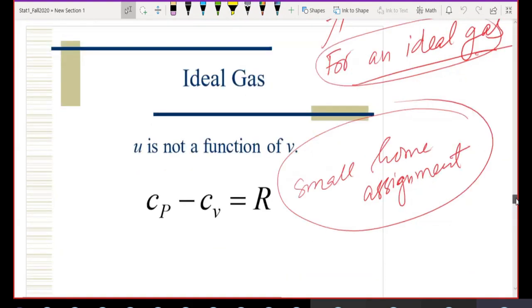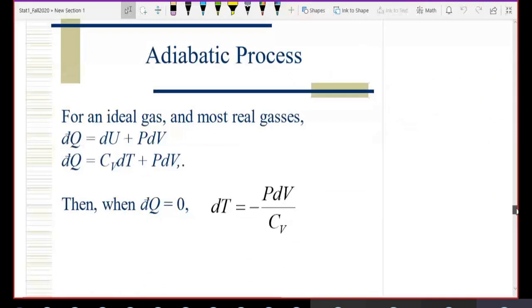So I will go ahead and discuss now the adiabatic process. In an adiabatic process, I told you that no heat enters or leaves the system. dQ is 0. So you again revert to your first law of thermodynamics: dQ equals dU plus P dV.